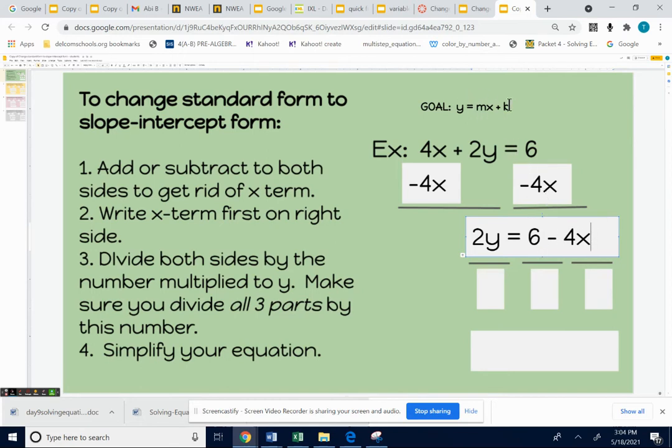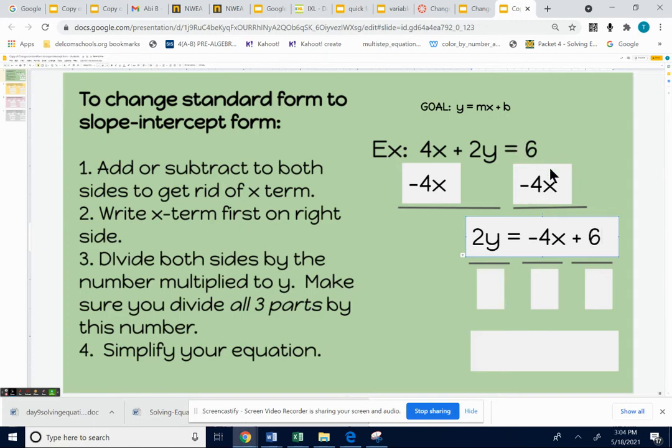But look what's happening. When we think about slope-intercept form, it'd be kind of nice to have the x part as being the first part after the equal sign. So instead of writing it as 6 and then a negative 4x, let's rearrange it. Let's put the negative 4x first and the positive 6 next.